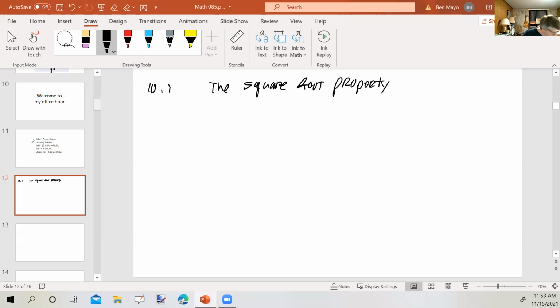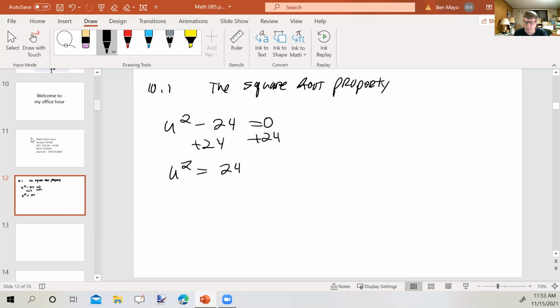So for instance, let's take this example, u squared minus 24 equals 0. So we'd start by adding 24 to both sides.